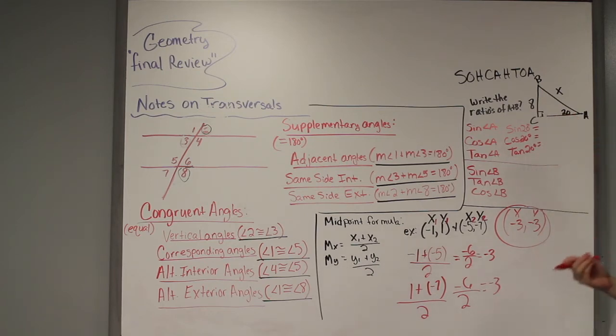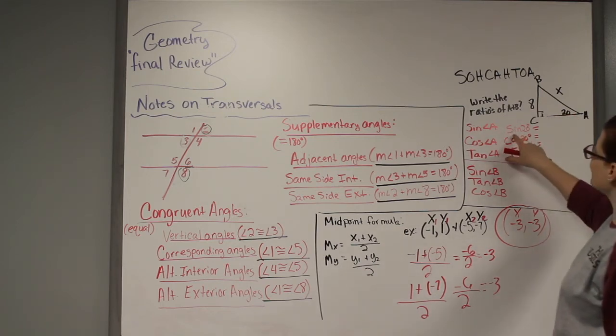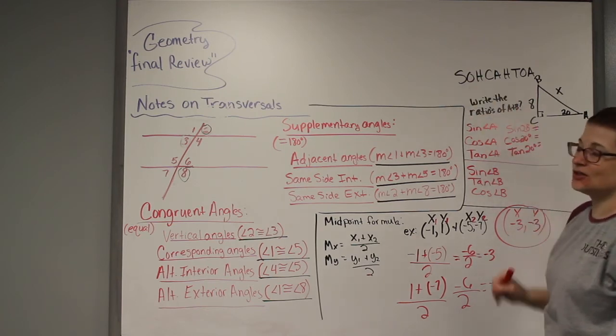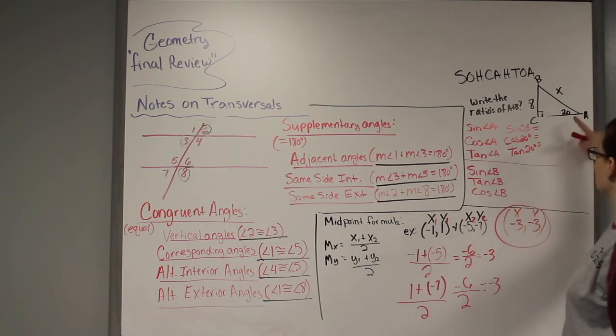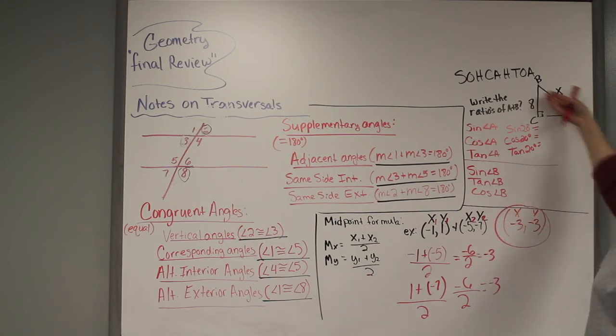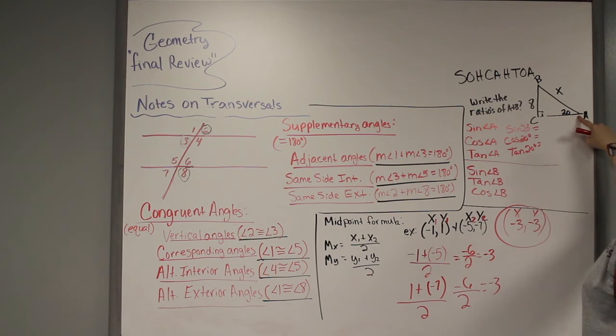All right, and this is where you could get confused. Sine is opposite over hypotenuse. You must look from the angle that they're asking. If we're asking about angle A, we're looking from its perspective. What side is opposite of angle A? Well, if you put a line in the middle, you draw.